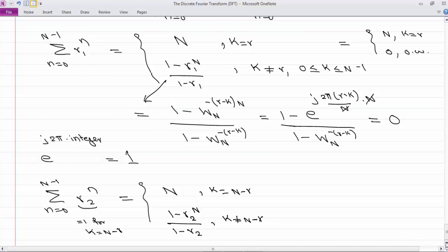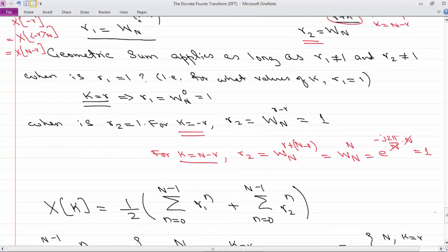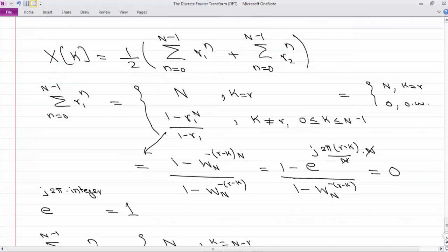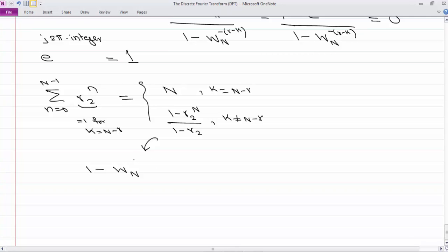Okay, so let's compute this geometric formula. So r2 is Wn. If we go back, it is defined here, sorry, here Wn to the r plus k. So we do that thing.